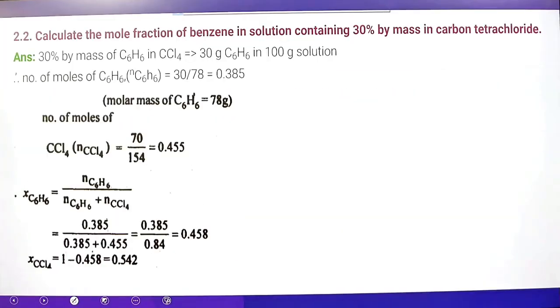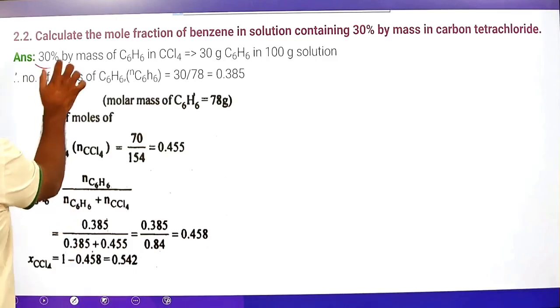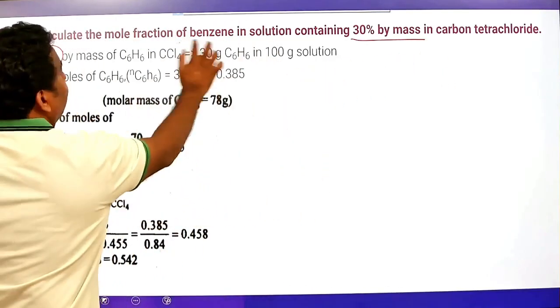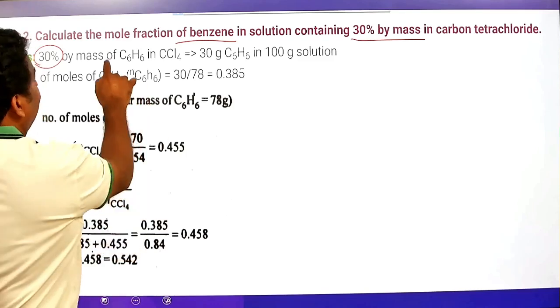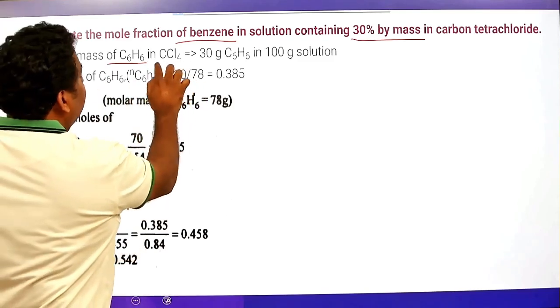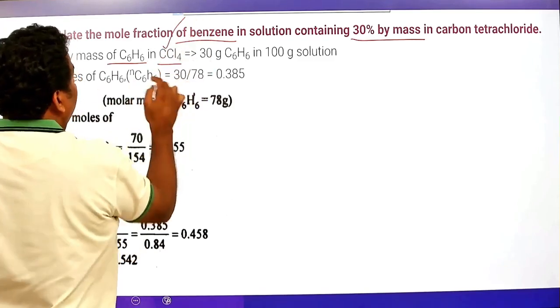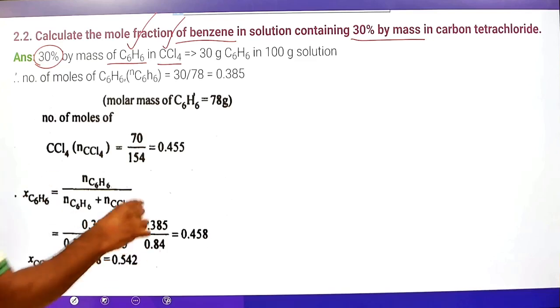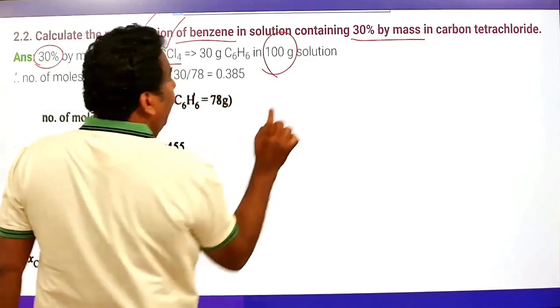What did I do? 30% by mass. Which one? Benzene. So, C6H6 in CCl4. CCl4 is solvent, C6H6 is solute. Total combined is solution. So, I assumed 100 gram solution.